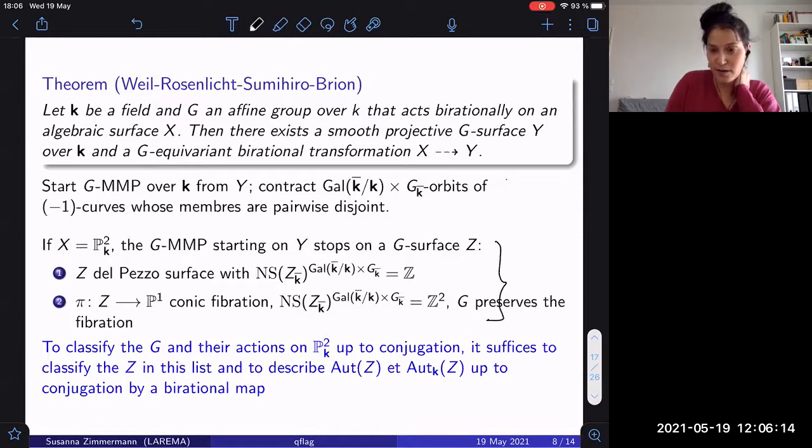You will get to a Mori fiber space, so these are fibrations over something of smaller dimension, and the general fiber is a Fano variety. And these varieties are not classified entirely, which makes studying these fibrations very difficult. Does this answer your question?